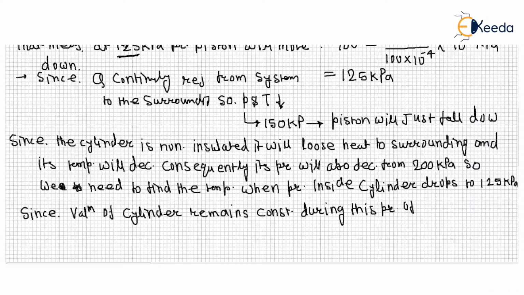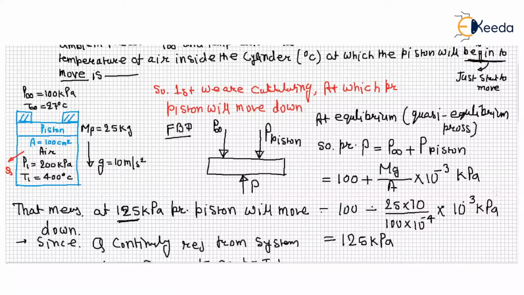So don't get confused: when heat is released, pressure and temperature reduce, the piston would fall down and the volume would reduce. So how can we say the volume is constant? It is given "just begins to move", that means it just separates from its stops.